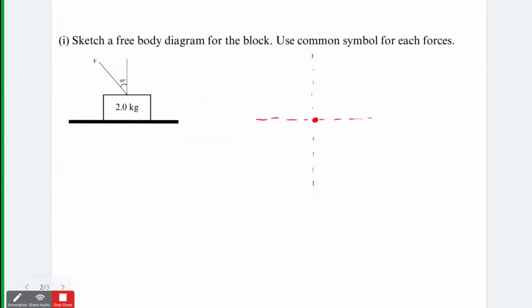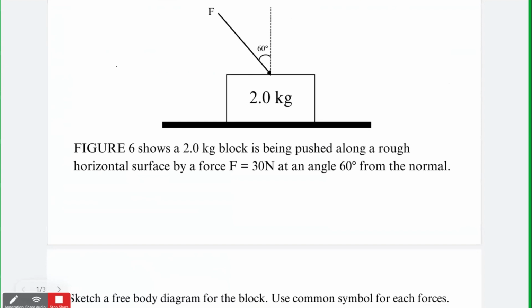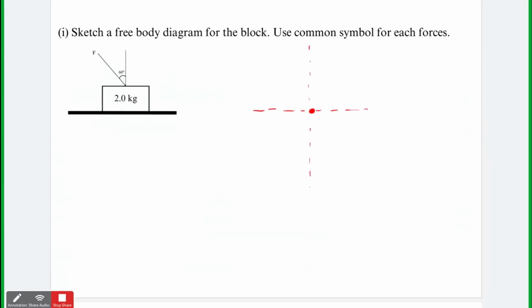The question tells us that this block is 2 kg, which means there is a weight on the block. The weight always points vertically downwards, so we can draw like this.